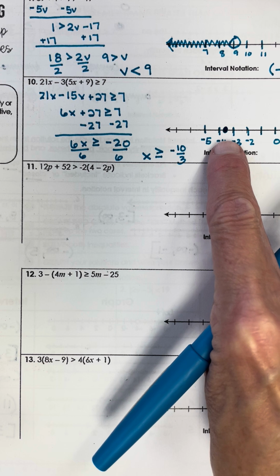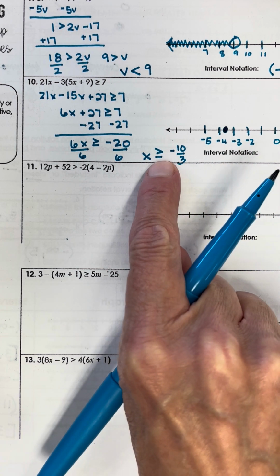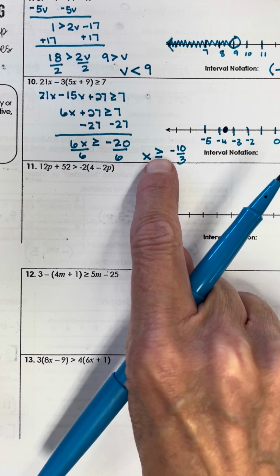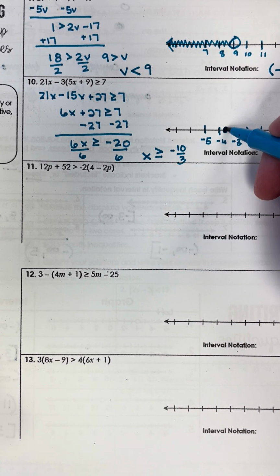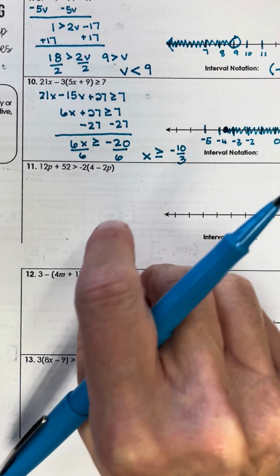But as long as you put the circle between the correct numbers, it's a closed circle because of the equal sign, and x is greater than, so I'm going to shade to the right.